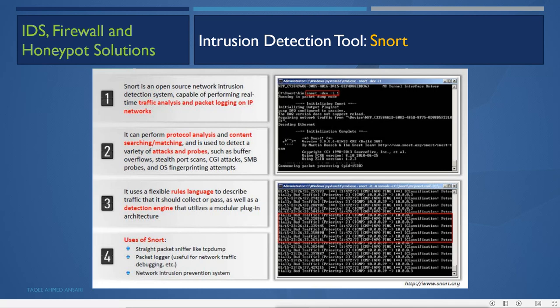Snort's uses: it is a straight packet sniffer like tcpdump, just a sniffer like tcpdump or Wireshark. But it can be a packet logger, useful for network traffic debugging, etc., and it is also a network intrusion prevention system.